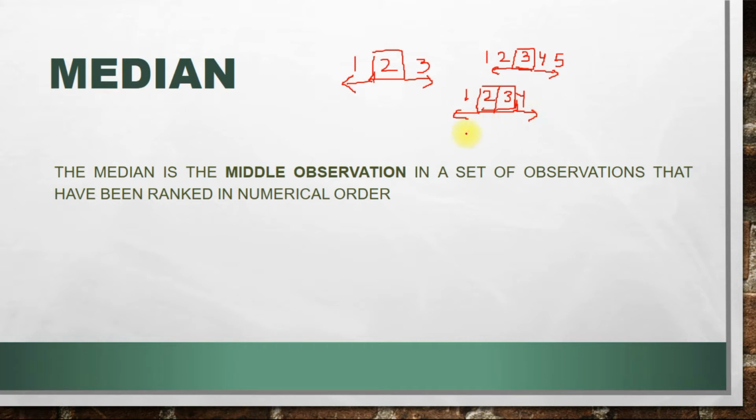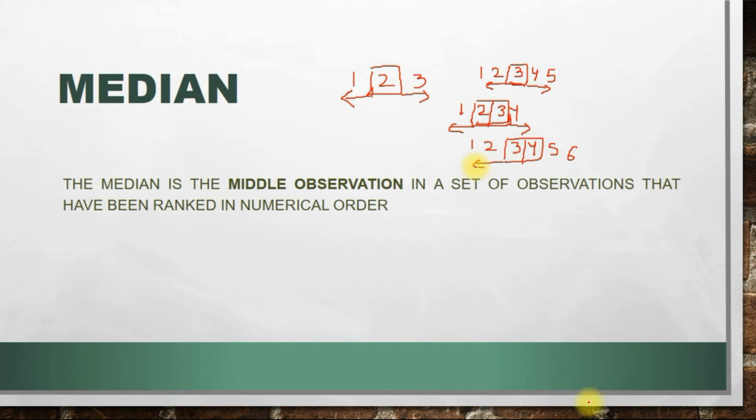Similarly, if we have 6 observations, 1, 2, 3, 4, 5 and 6, again we have 2 middle terms, 2 observations below and 2 observations above, right?